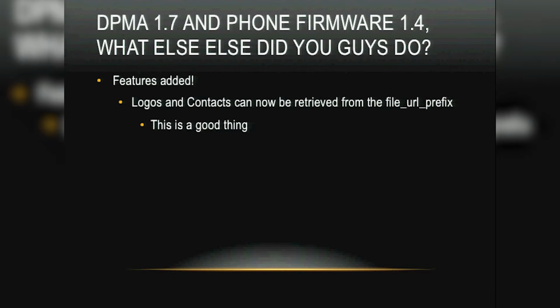And that's just not terribly efficient from the perspective of what Asterisk is having to do to take that logo or that contact file and then break it up, send it over in SIP messages, and then the phone's got to get it out of that. But it's also not good from the administrative perspective because you've got things that are related to the phone in two different locations, and that's no fun. You want to try to put as much of the stuff as you can all in the same location so that you're not managing two things.